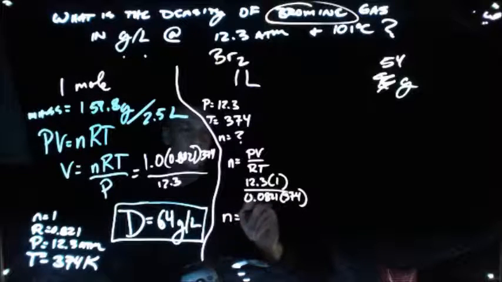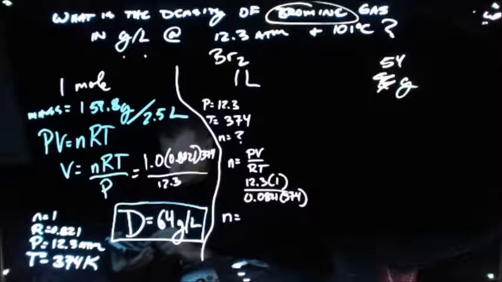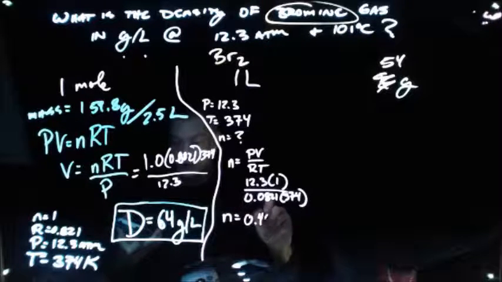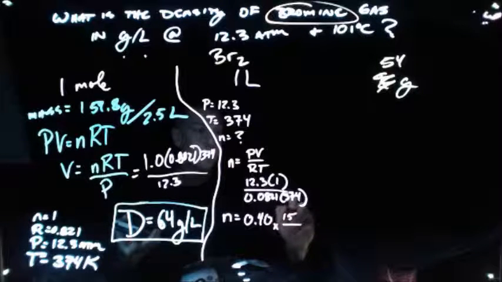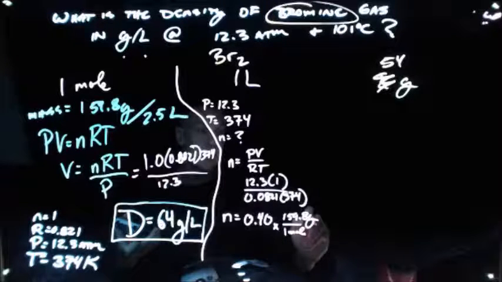So moles comes out to be 0.40, and then we take that times 159.8 grams for every 1 mole.